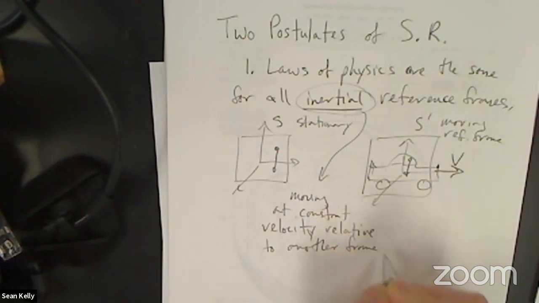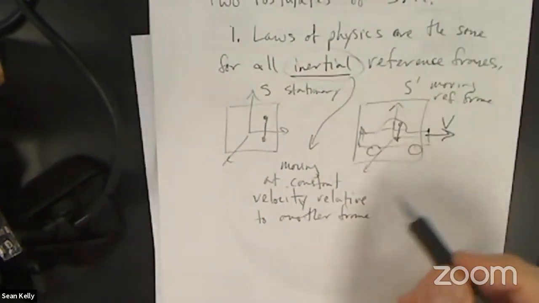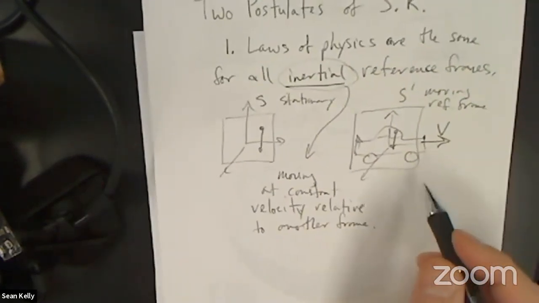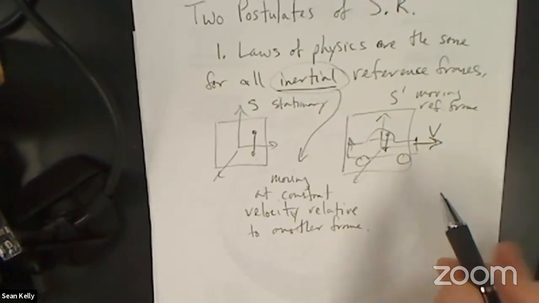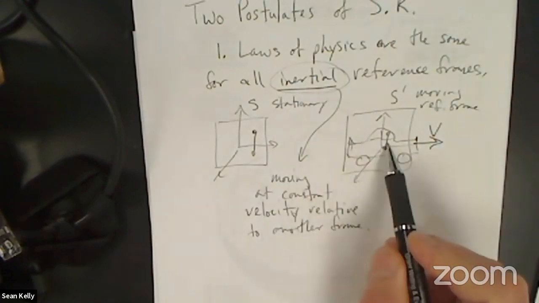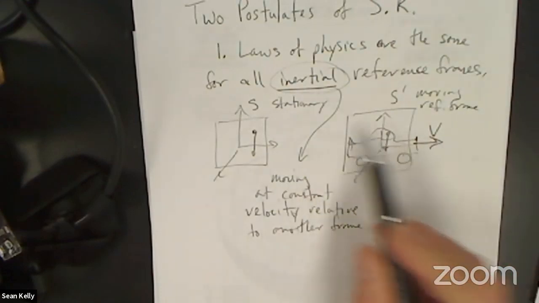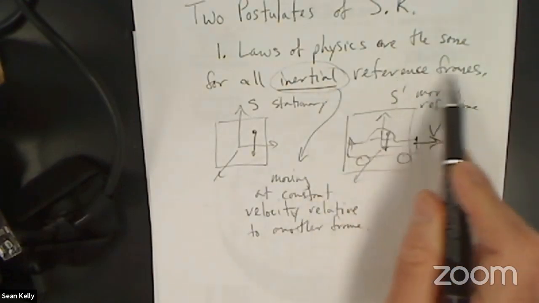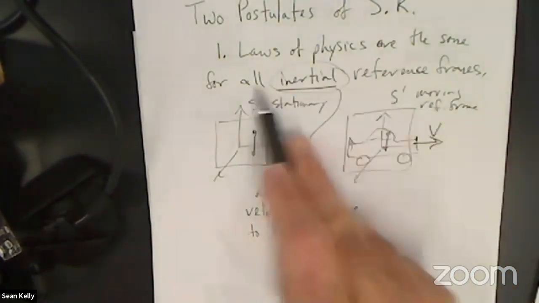Okay, so don't make it too hard, but if you have any questions, please ask the questions on the side. So if these two frames of reference are moving at a constant velocity relative to each other, they are called inertial reference frames. And the laws of physics are the same.